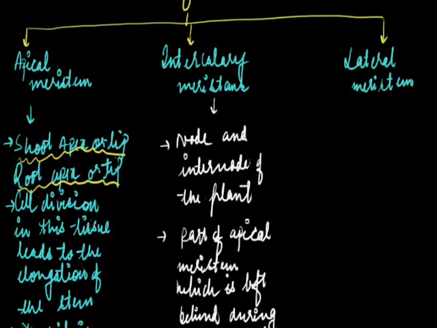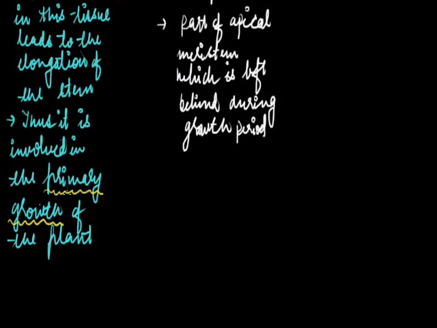Now, what is the function of this intercalary meristem? As we have seen, the apical meristem is promoting the primary growth. Now, let us see the function of intercalary meristem. It increases the length of a leaf. As it is present at the nodal region, it increases the length of leaf.